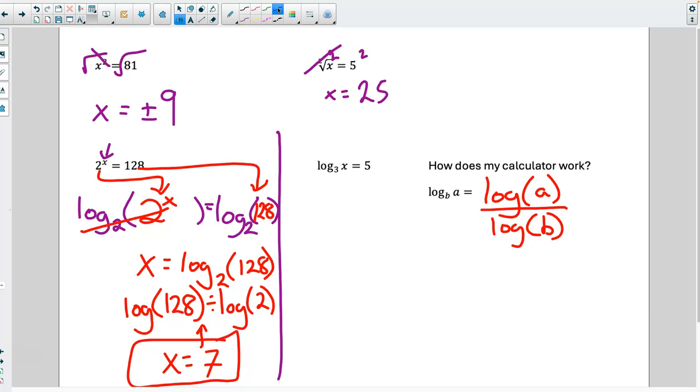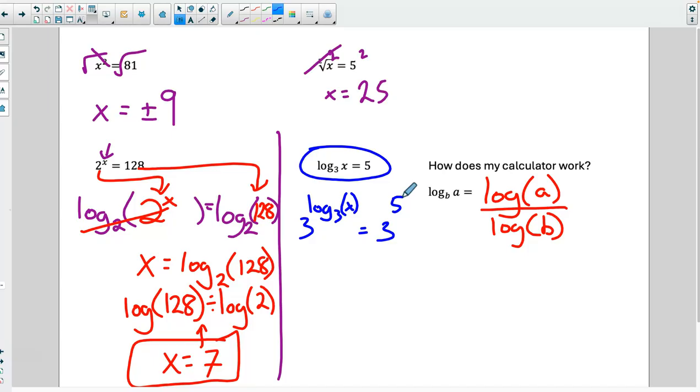I take this, and what's my base again? 3. So I actually write this like this. My base is 3 for both of these, and the stuff that I have right there becomes my exponent. So that is called exponentiation. I'm taking what I've had and making it into an exponent.